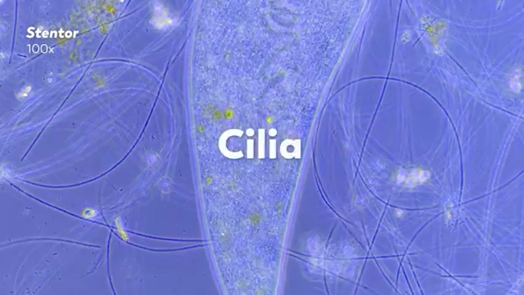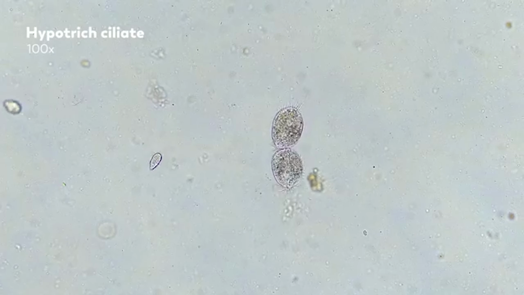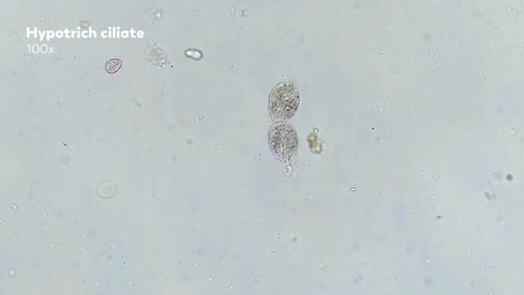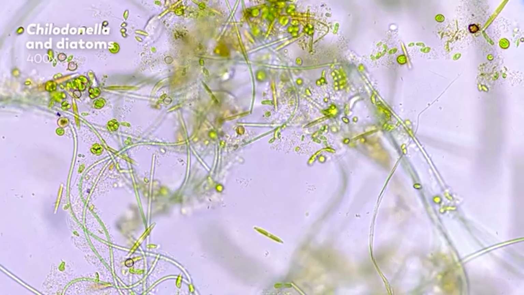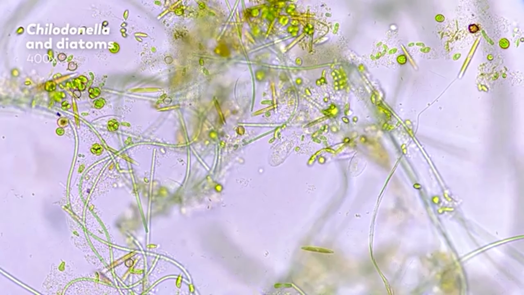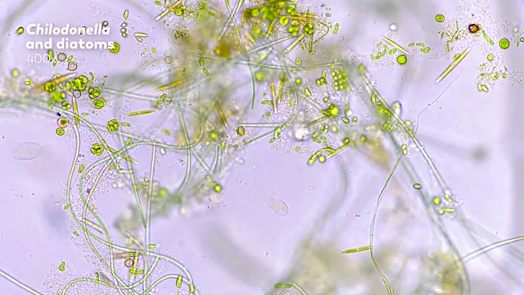The word cilia actually comes from the Latin word for eyelash, which makes sense as you can sometimes see them ringing a cell as our eyelashes ring our eyes. But in those cases, the cilia actually often cover the entire cell. They're just harder to spot against the background of all the stuff on the inside.